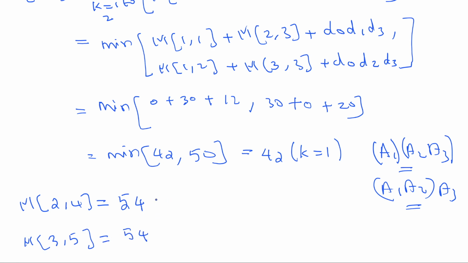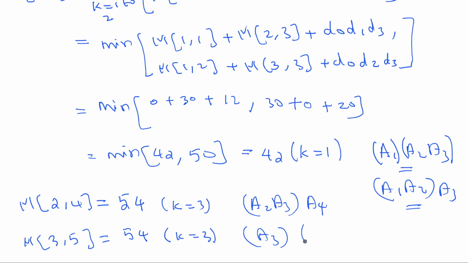This is when you take the value of k equal to 3, which means that a2 into a3, a4 will use a lesser number of computations than a2 into a3, a4 grouped the other way. Similarly, when k equals 3, a3 is taken separately, then multiplied with the product of a4 into a5. That is the meaning of k equal to 3 in this case.